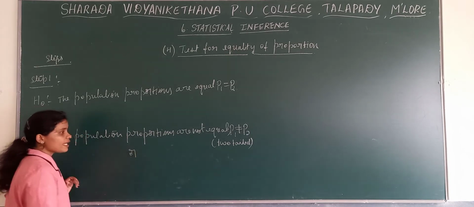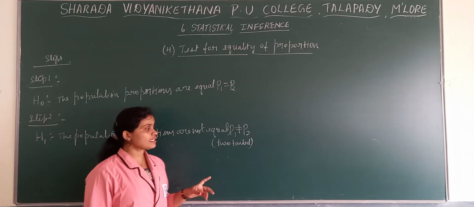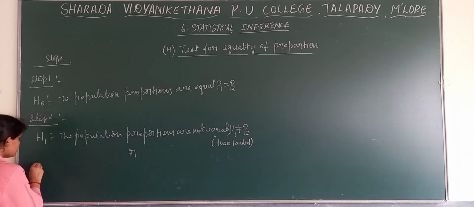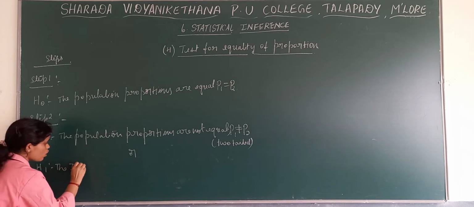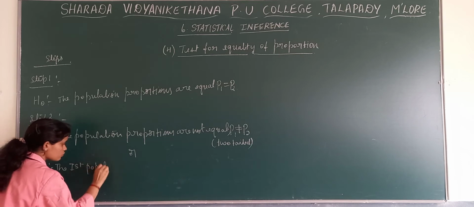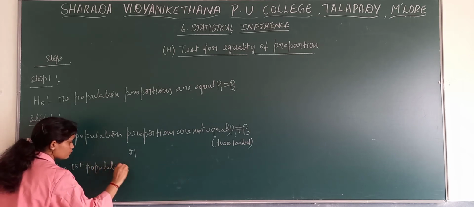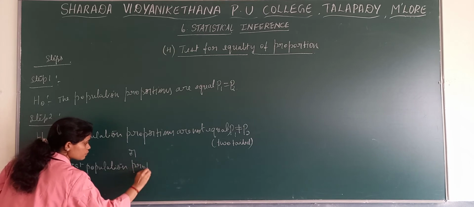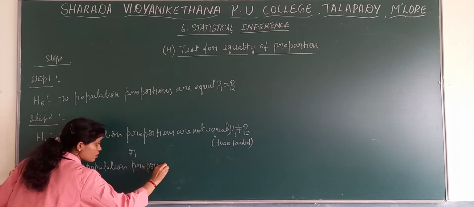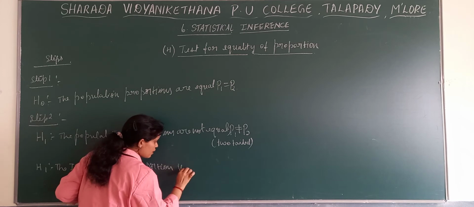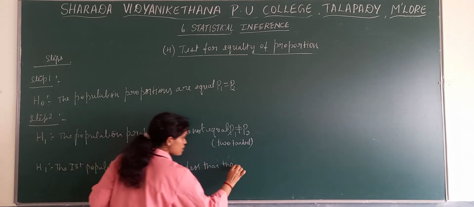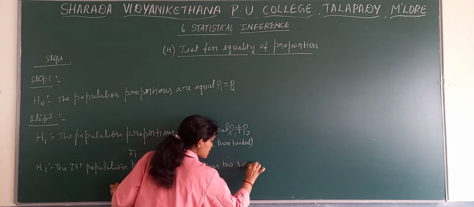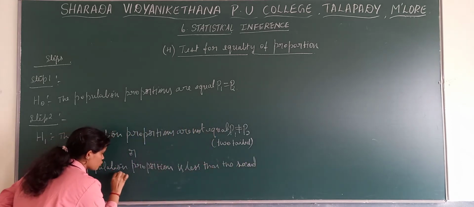Or else if it is one-tailed, left-tailed, in that one-tailed if it is left-tailed, then your hypothesis is the first population proportion is less than the second population proportion.